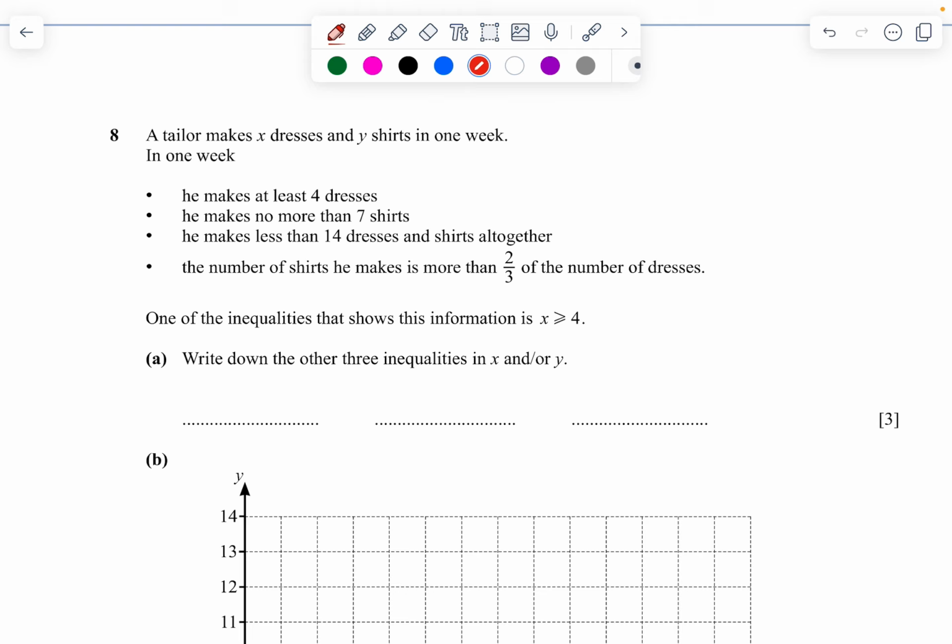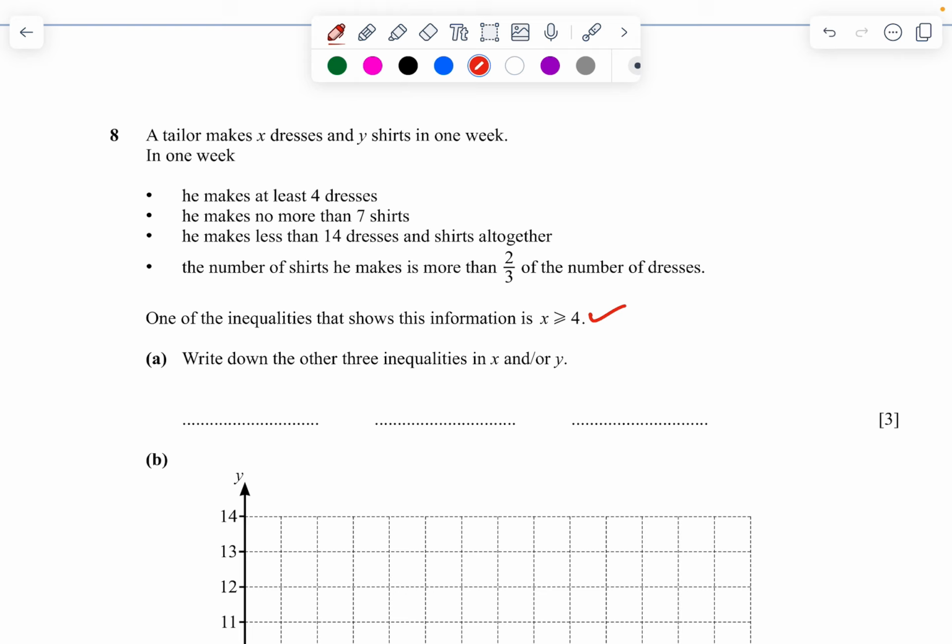And he makes no more than 7 shirts. He makes less than 14 dresses and shirts together. Then one of the inequalities has been shown as x is greater than or equal to 4. Write the other 3 inequalities in terms of x and y. So we have to write the inequalities for the other 3 conditions.